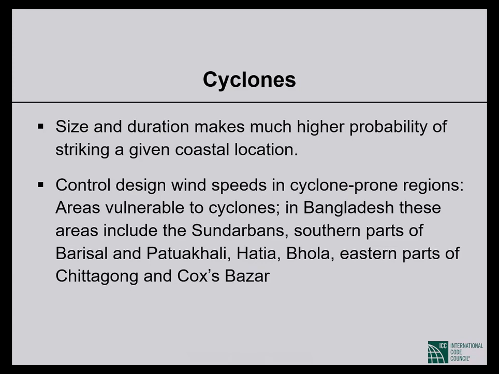Cyclones control design wind speeds in cyclone-prone regions, and those are defined in Section 2.1.3 of the Bangladesh National Building Code as areas vulnerable to cyclones. This is the official definition of cyclone-prone regions. In Bangladesh, these areas include the Sundarbans, southern parts of Barishal, Patuakhali, Hatia, Bhola, eastern parts of Chittagong, and Cox's Bazar.